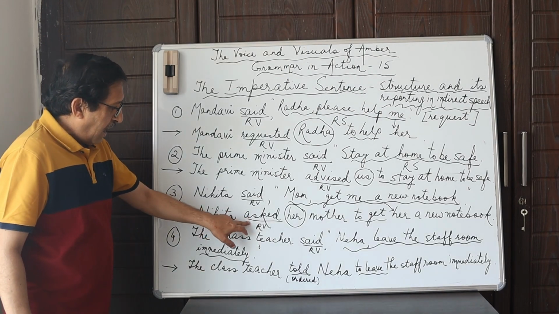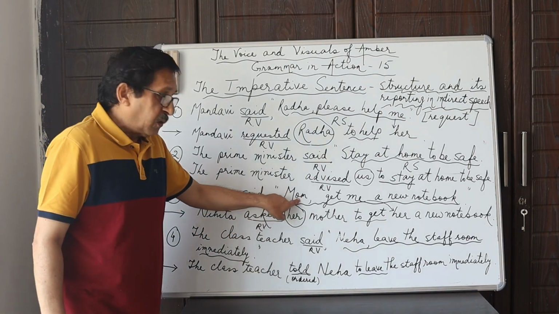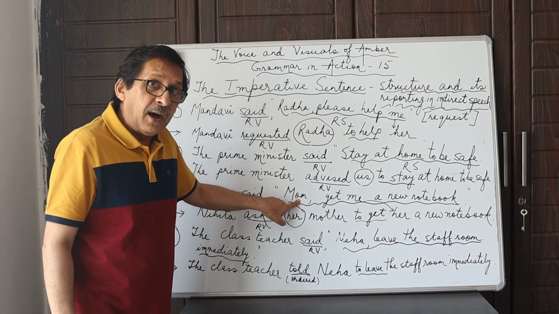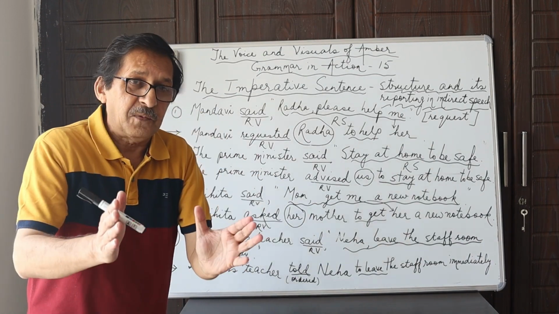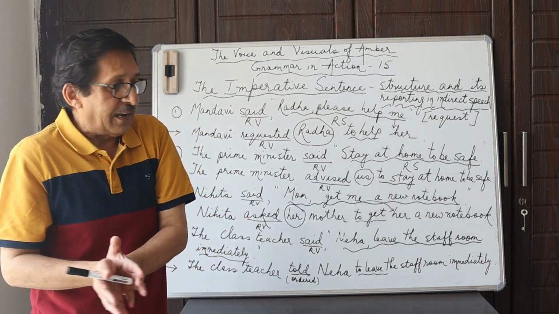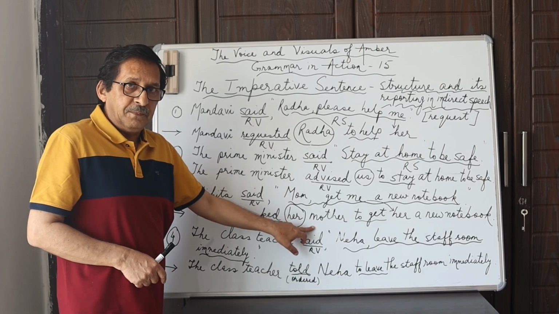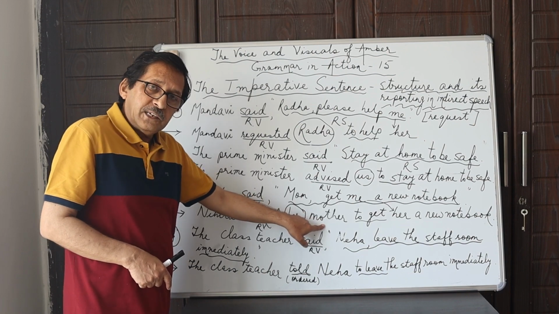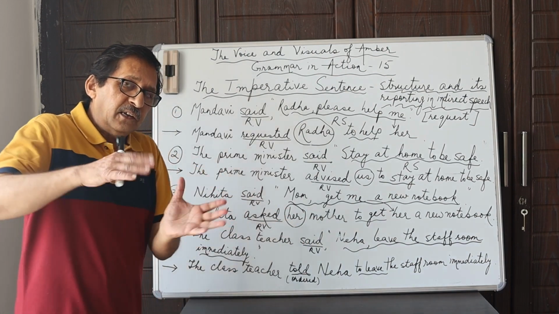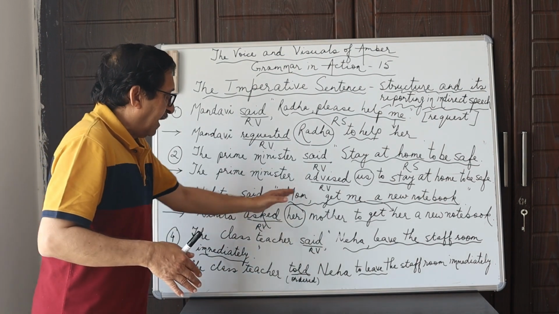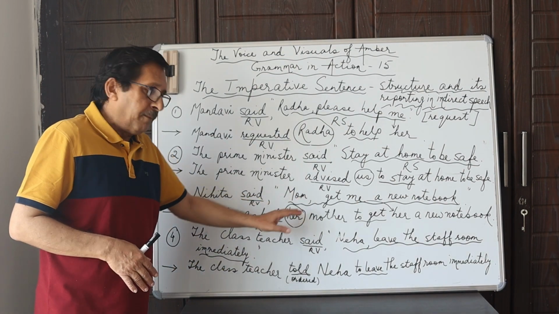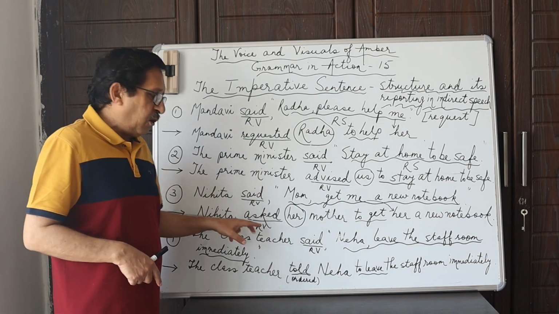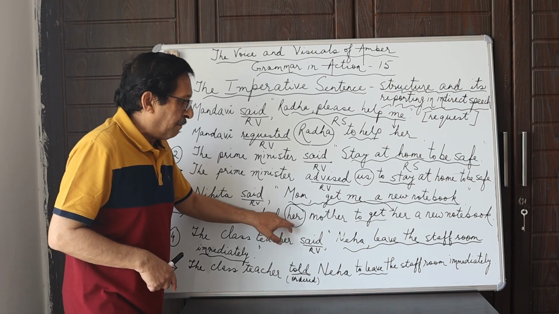So Nihita asked who? Mom. So we can't say ask Mom because we use the word Mom or Papa only when we address our mother or father directly. So when we talk about them, then we have to replace it with mother. It can't be Mom. So the reporter is talking about what Nihita said to her mother. But then we replace said because otherwise, it will look very odd. Nihita said to her mother, to.